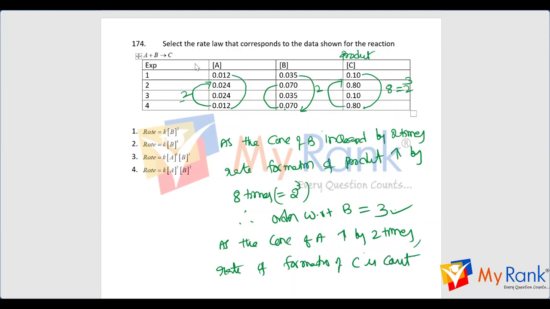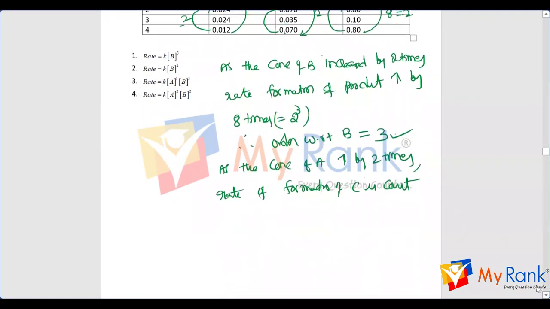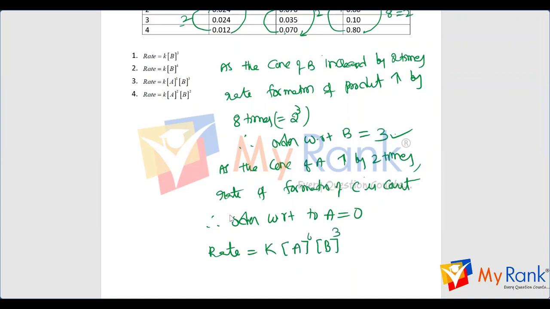There is no change in the rate of formation. Therefore, the order with respect to A is 0, and the rate law is equal to K into concentration of A power 0, B power 3. Concentration of A power 0 means only concentration of B power 3. So therefore, the first option is the correct option.